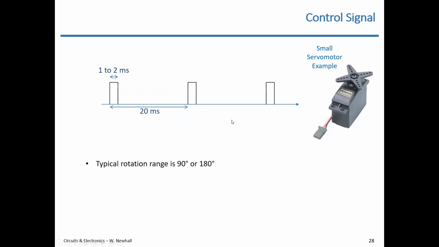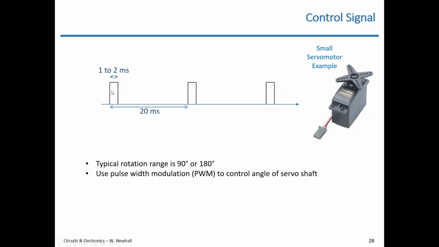Typically, these servo motors turn a range of 90 degrees or 180 degrees. You'll find different ranges. And again, there are some that are continuous turn, but let's not talk about those right now. And you're essentially using pulse width modulation to control the angle of the servo shaft, right?